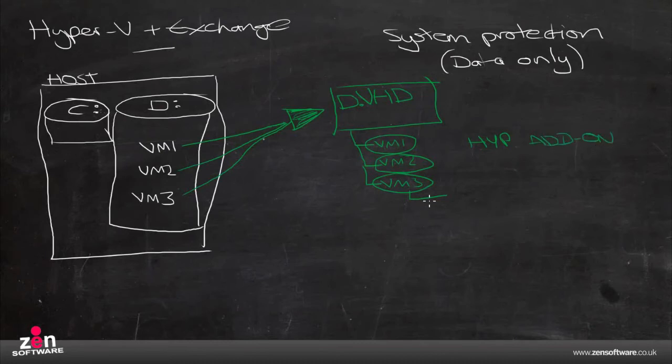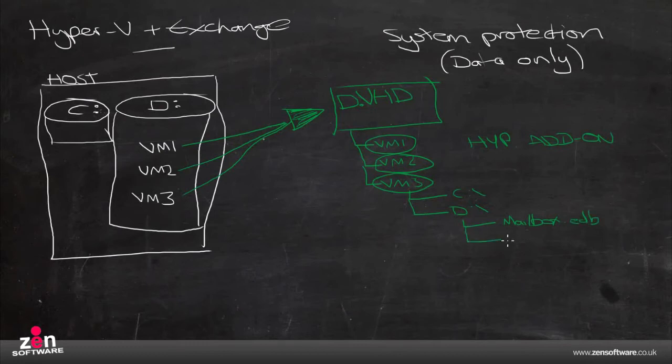So let's assume that our 3rd virtual machine is our Exchange server. If we wanted to restore some data within that, there is effectively more than one VHD file associated to that virtual machine, one for the C drive and one for its own D drive. We can drill down, let's say, into the D drive and we can see its file system, and within there maybe that's where our Exchange EDB file exists.